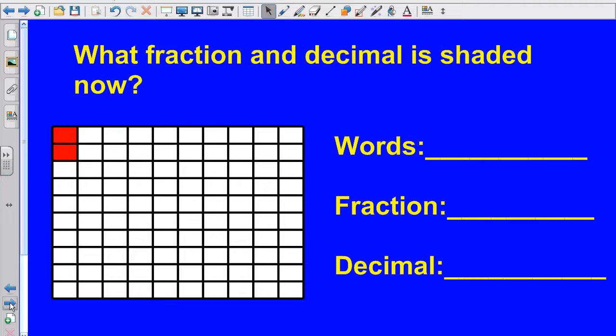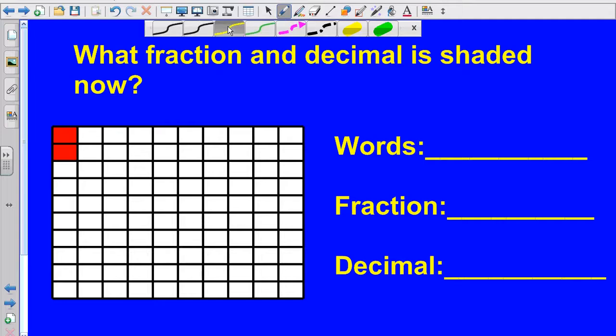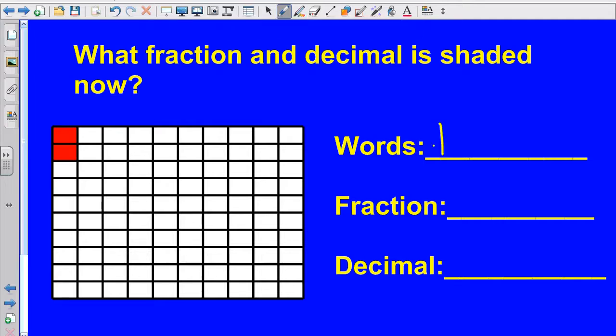In words, fractions, and decimals, what do you think this one is going to be? Yes, Sydney. In words. Are we in tenths? Yeah, we're in hundredths. So this one is 2 hundredths.